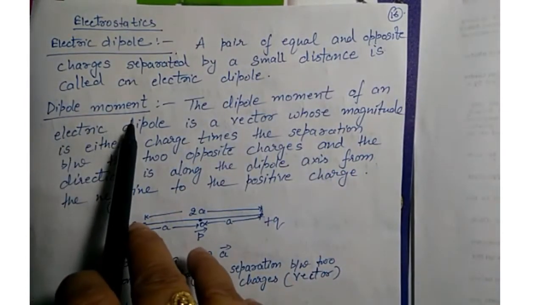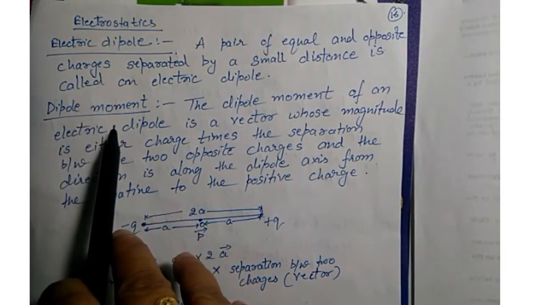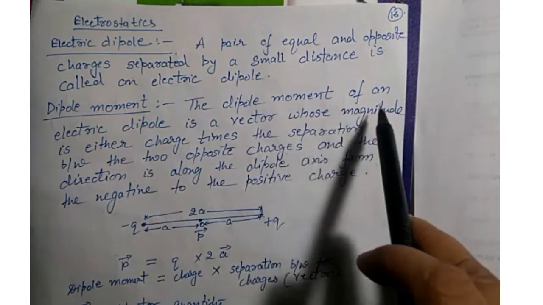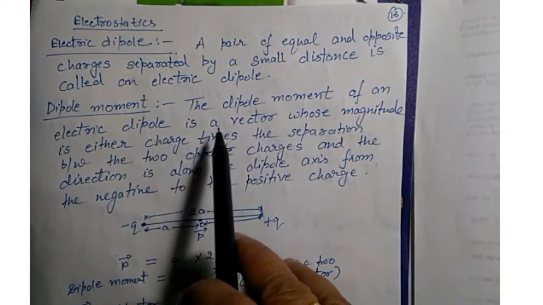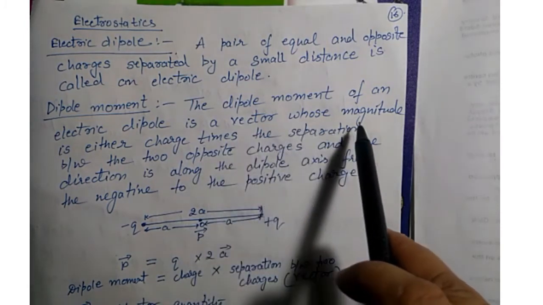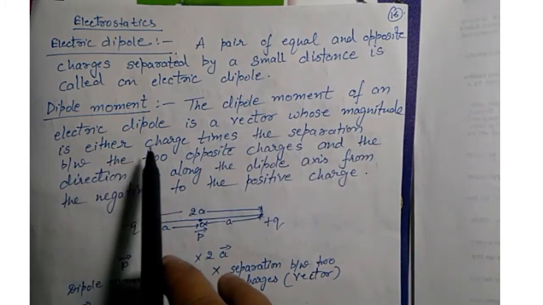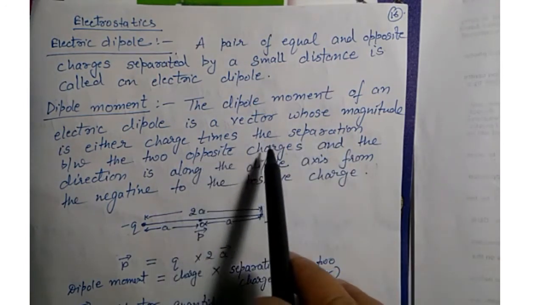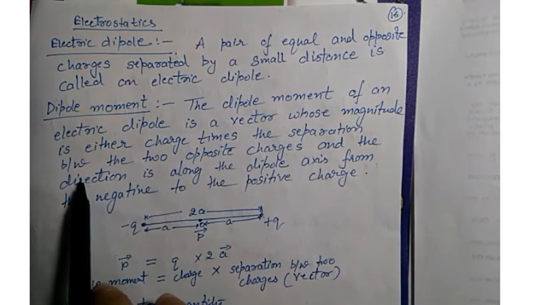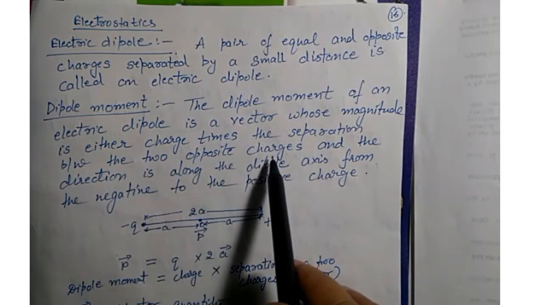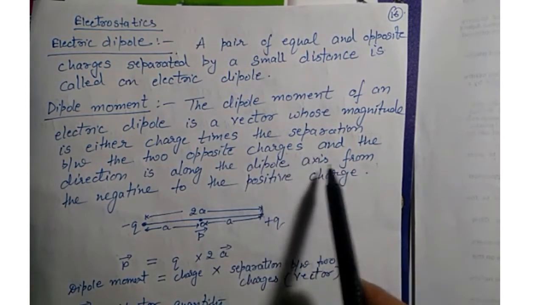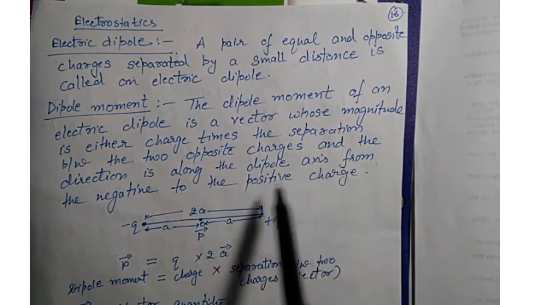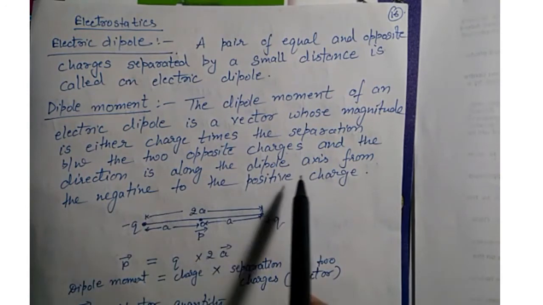The dipole moment of an electric dipole is a vector whose magnitude is the magnitude of either charge times the separation between the two opposite charges, and the direction is along the dipole axis from the negative to the positive charge.